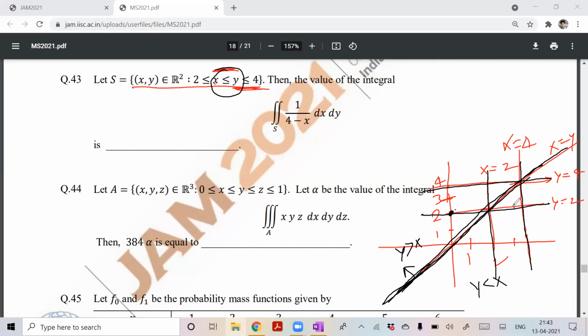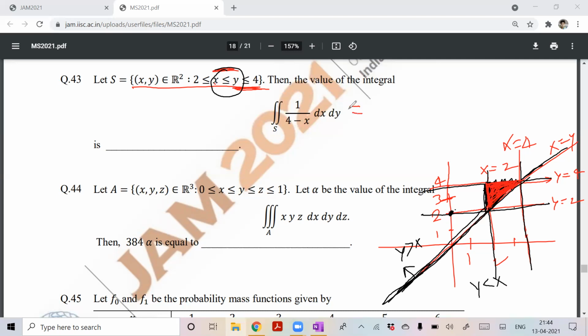So x is more than or equal to 2, obviously y will be more than or equal to 2, y will be less than or equal to 4, so x will also be less than or equal to 4. So this is our region, the region S. Now we have to integrate over this region.